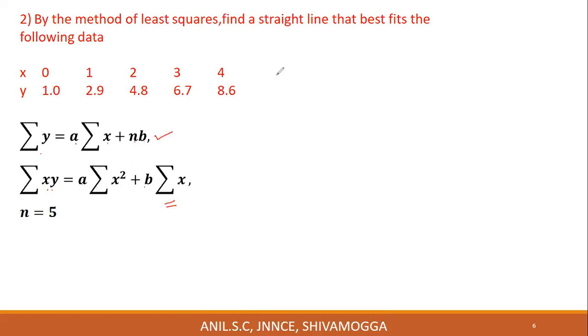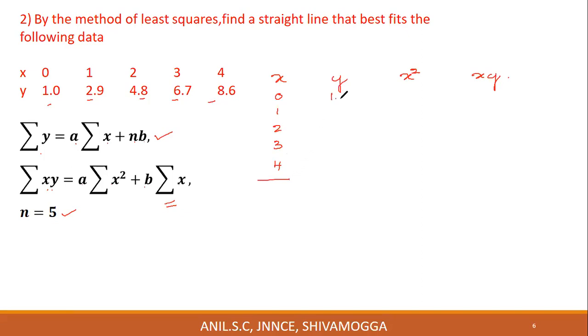Now construct the table. First column is for x, next y, and then x square, and then xy. What is n here? 1, 2, 3, 4, 5. N is equal to 5. Here x takes values 0, 1, 2, 3, and 4.